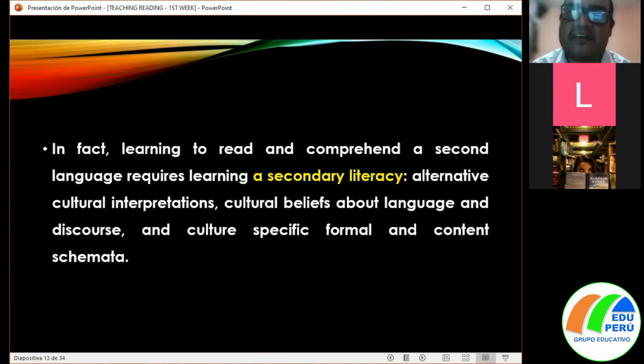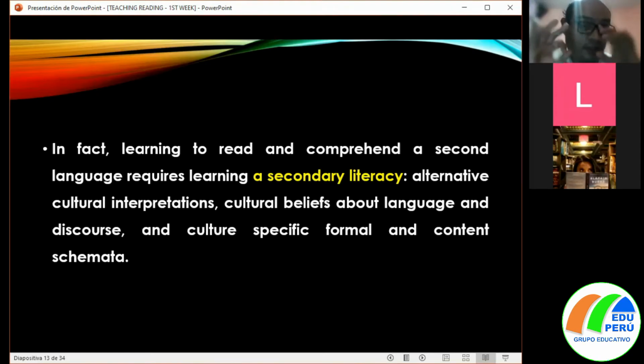So they're going to have a second literacy, a secondary literacy, in order to read and comprehend a second language. Because they need to use these cultural interpretations and beliefs about the language and discourse. So we are going to use the formal and content schemata.